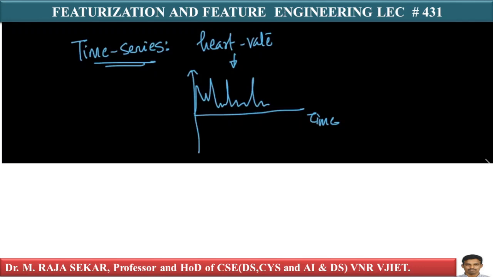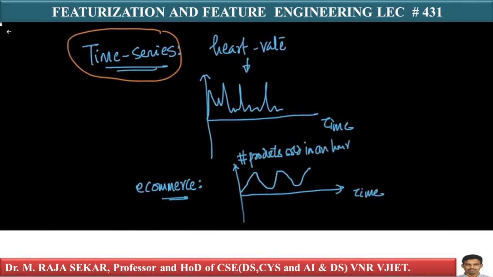Similarly, another very important application is in e-commerce or any form of retail, or anywhere things are sold. On the x-axis you have time, and on the y-axis you could have the number of products sold in an hour. This will also have some pattern.